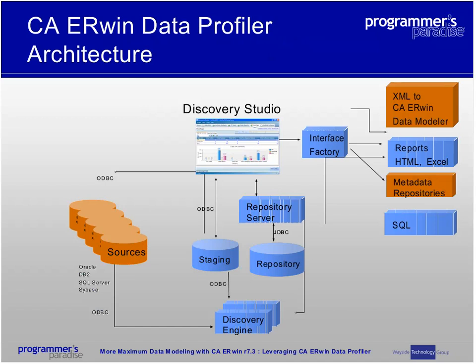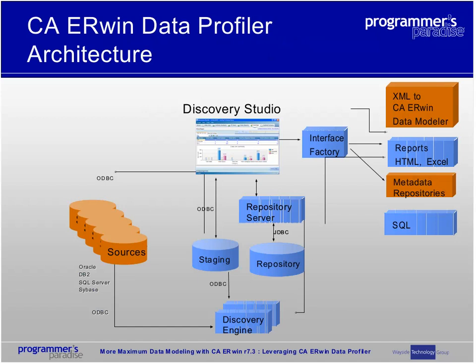There are 2 different data sets, one for the repository server and one for the staging. And then your Discovery Engine would basically be your management or scheduler, and it just uses your Windows component so that you can take your data sets and work on them. And you could go through different sources and pull in your information.